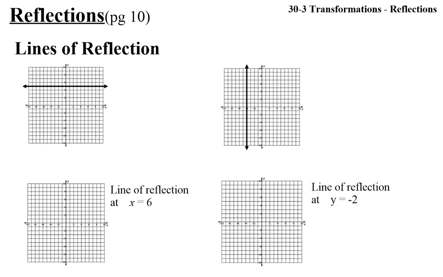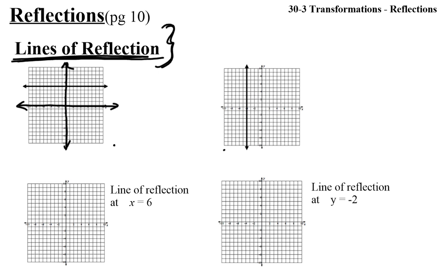Now, when we do a reflection, like I said earlier, line of reflection is the key. If we don't have a line of reflection, we can't do a reflection. So, line of reflection, these first 2 points. Normally, in most questions, if we take a look at this first Cartesian grid, there's our X and Y axis.